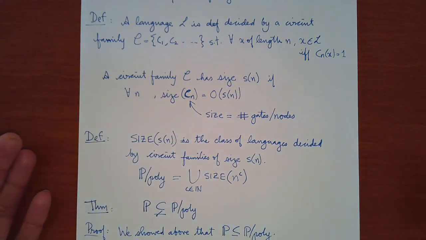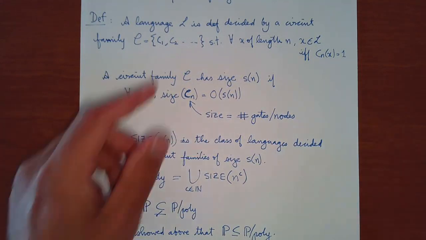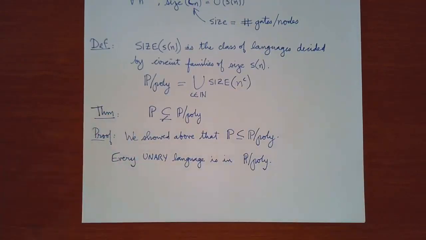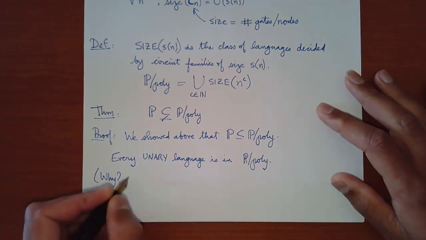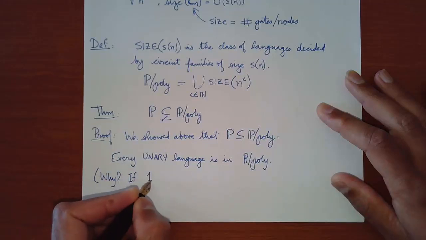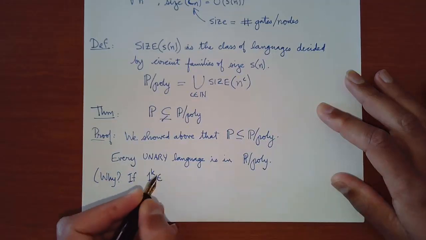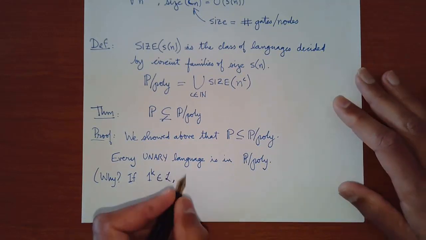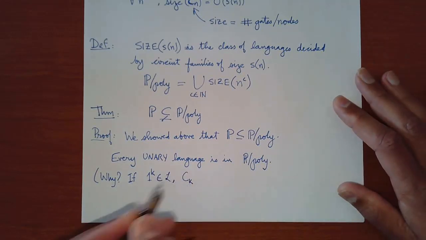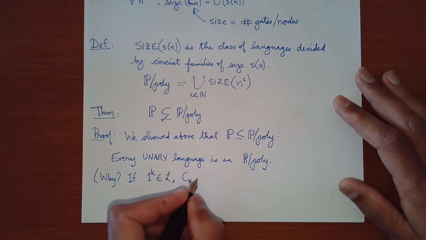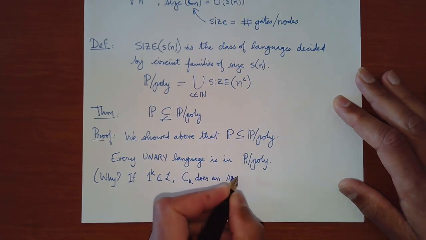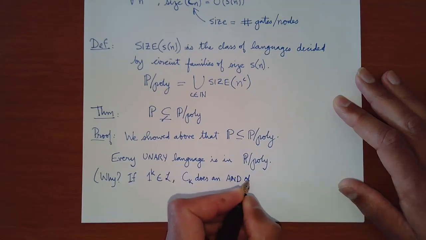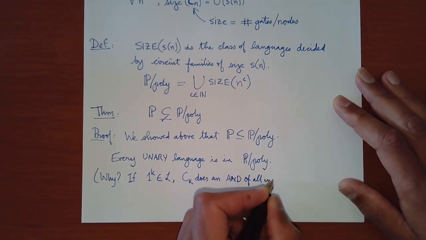Every unary language is in P/poly, so I'll write that down. If 1 to the k is in the language, then Ck does an AND of all inputs.